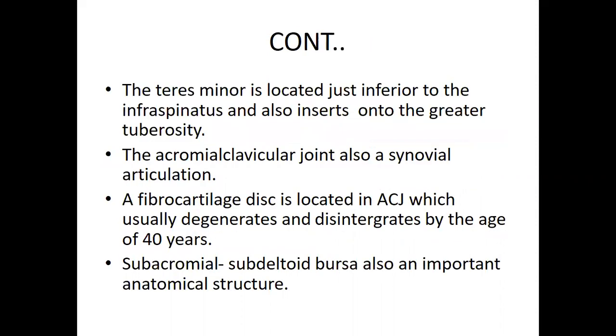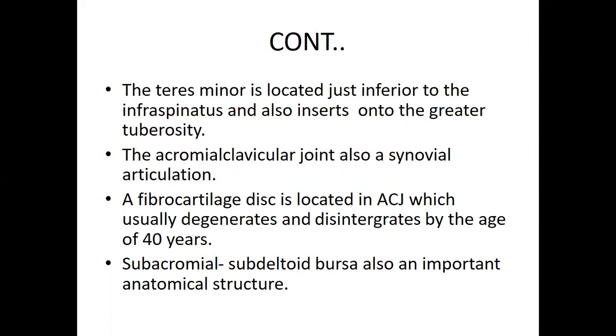The teres minor, which is located just posterior to the scapula and adjacent to the infraspinatus, comes and inserts on the greater tuberosity. We'll remind ourselves of these tuberosities, the medial and the lateral, because they are key anatomical structures in shoulder ultrasound.